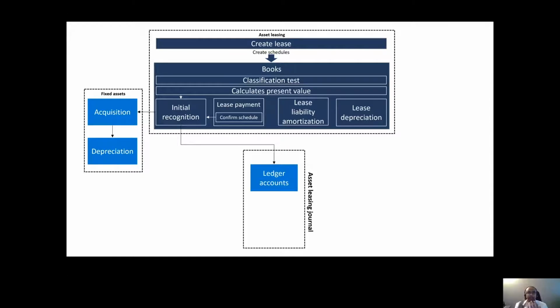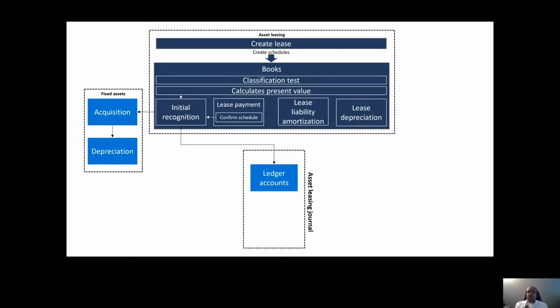If we take this decision, this means at the time of generating the initial recognition journal, the system will post the debit side to the fixed asset ID, and this will be posted as a fixed asset acquisition.